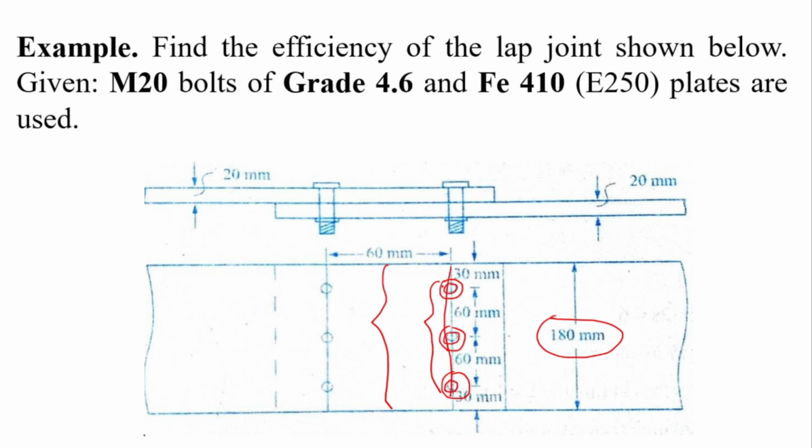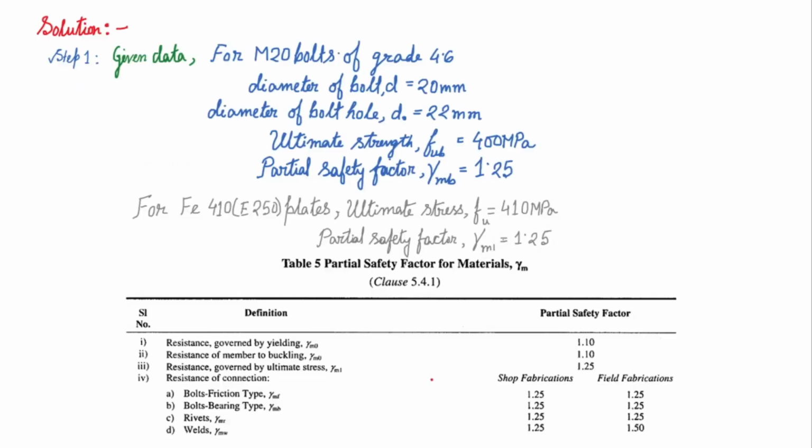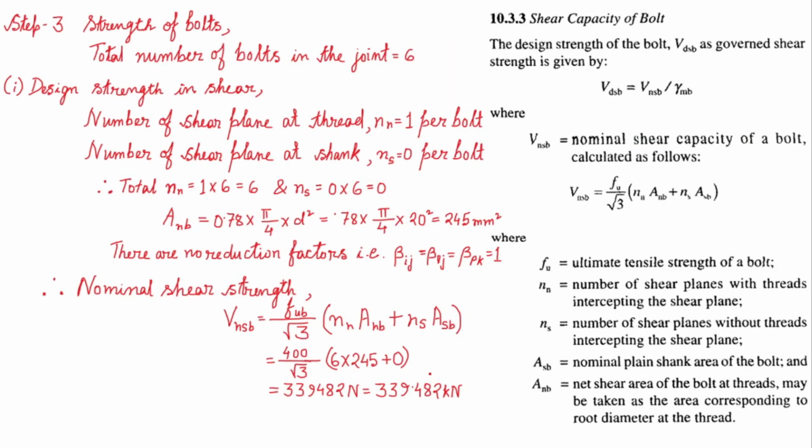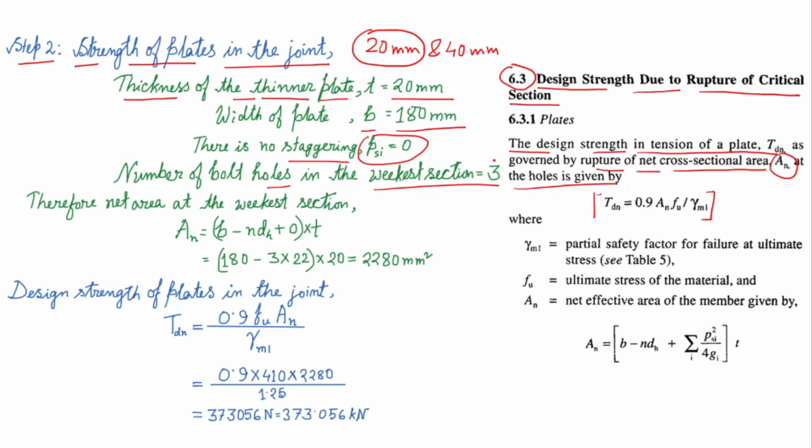So that's why this section is called the weakest section, because some cracks or rupture may develop along this section of the bolt holes. So the number of bolts in the weakest section is 3, meaning the number of bolts in a single row.